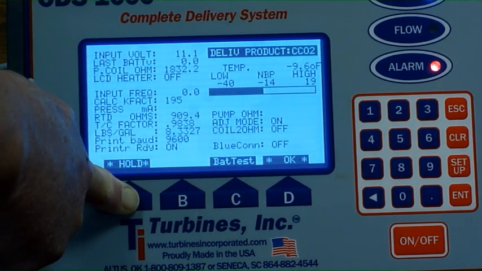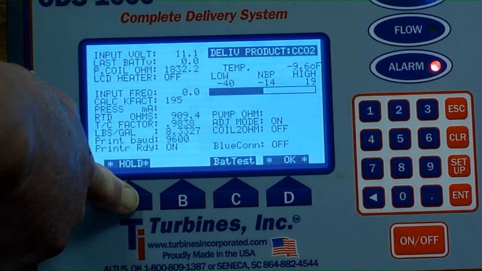Pressure. We can equip these units with a pressure or a pressure differential, depending on your product. This one doesn't have one, so there's a blank space there. Okay, RTD ohms. We use a standard 1000 ohm probe. That's generally what it should read, around 70 degrees Fahrenheit.